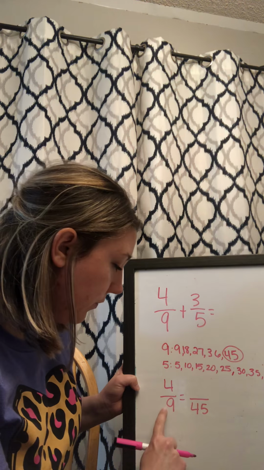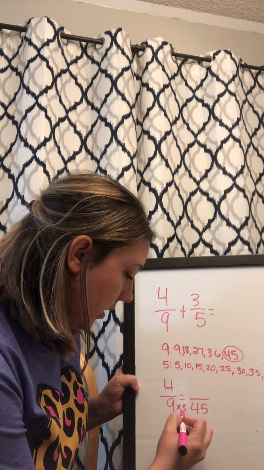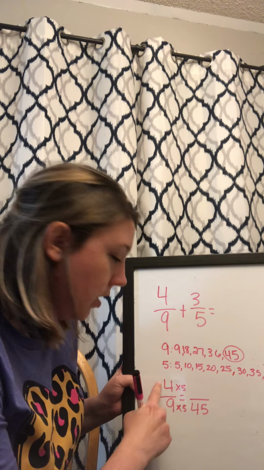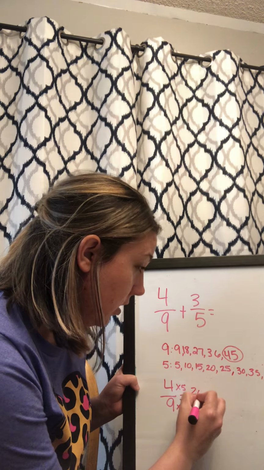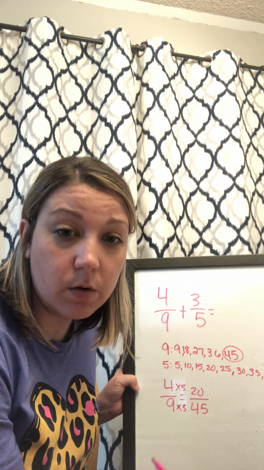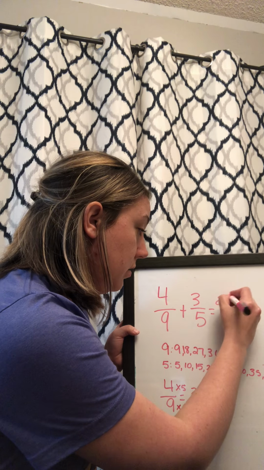So I ask myself, 9 times what is 45? 9 times 5. If you multiply the bottom times 5, you have to multiply the top times 5. 4 times 5 is 20. So for 4/9, I'm not changing the value of 4/9. I'm just changing the way that we're representing it. So now we're going to represent it as 20 over 45.